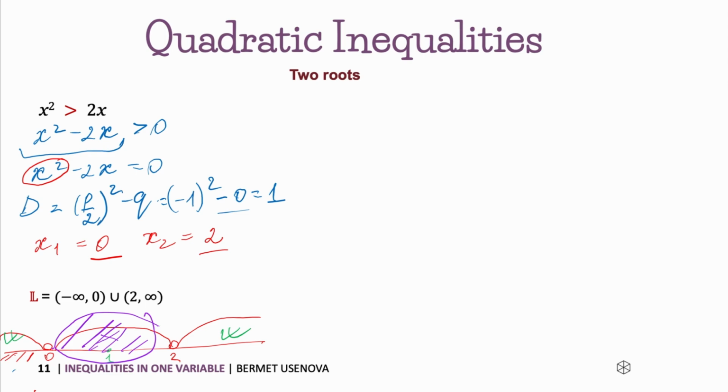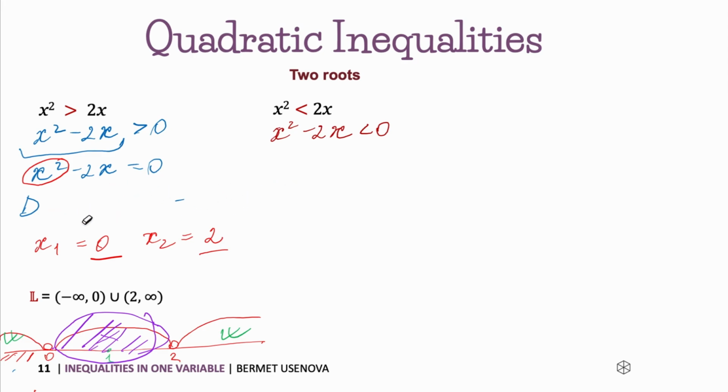So let's have a look again at the same quadratic term, but with a different sign here. Let's make it more clear and remove our discriminant from here. We have a number line and we have two roots, 0 and 2. And we have to look carefully at this. Any number smaller than 0 cannot fulfill our inequality. And again, any number larger than 2 cannot fulfill our inequality because we will always have positive values.